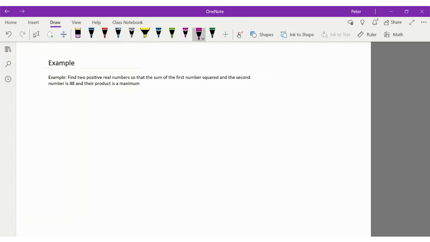So here the quantity to be optimized is the product of two numbers. So what we want to do is write that product as an objective function of the two numbers. So here, let x and y be the numbers.